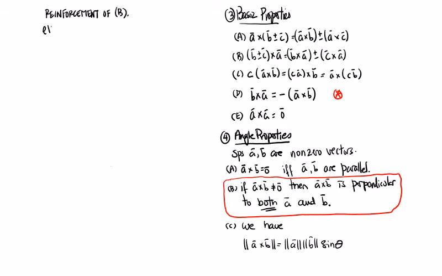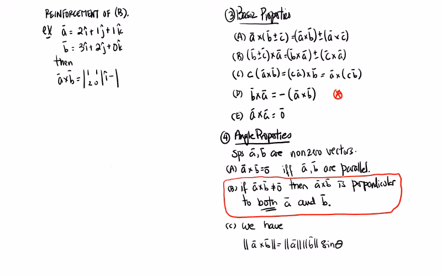So first I'll just give an example, just so that you believe what's happened. Let's say that A is 2i plus 1j plus 1k. We'll make these really nice numbers. And B is 3i plus 2j plus 0k. So I'm going to first take the cross product. This is the last time I'm going to write out every gory detail. For the i component, we have 1, 1, 2, 0.